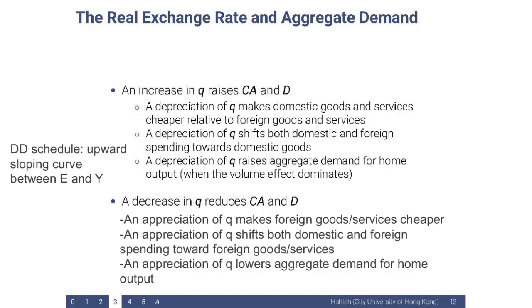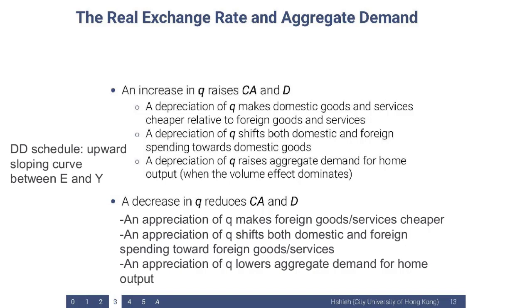All right, so based on this last sentence, it should be clear. If we were to plot E versus Y, it's going to be an upward sloping curve, right? Upward sloping curve between E and Y. DD schedule. Okay. So I'll explain to you why it's called the DD schedule soon, or why it's a schedule.